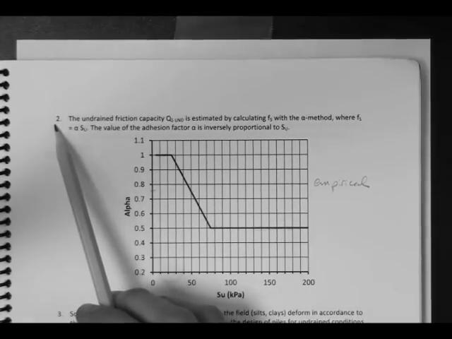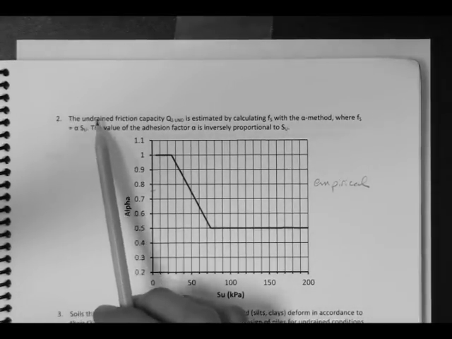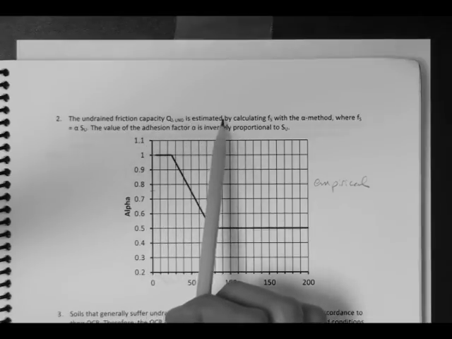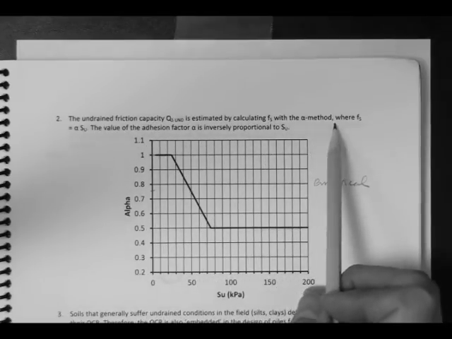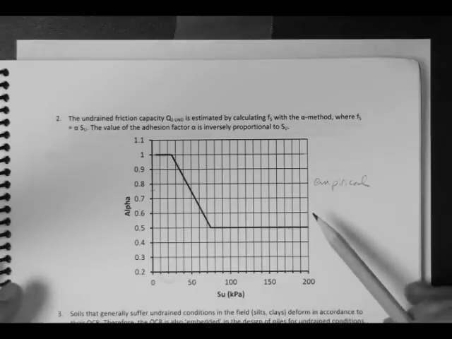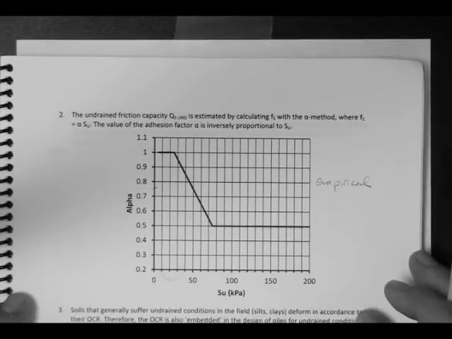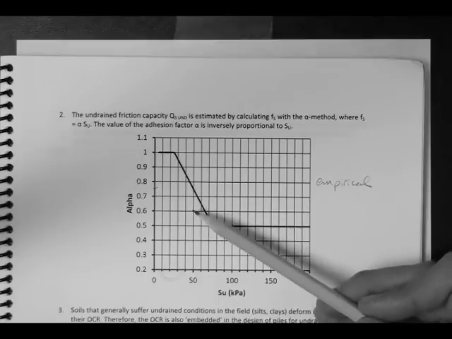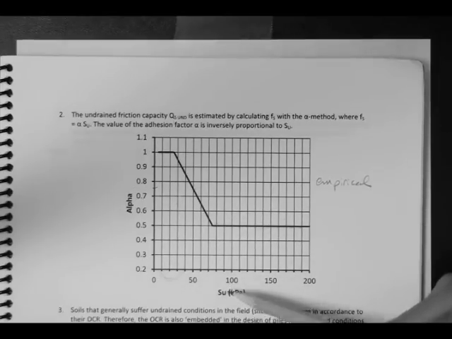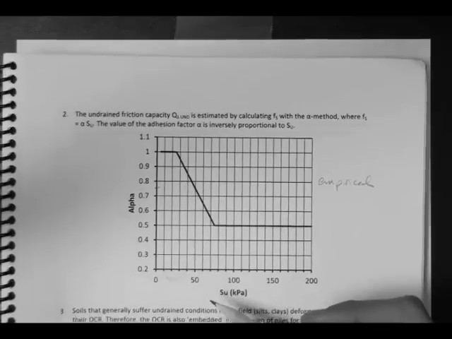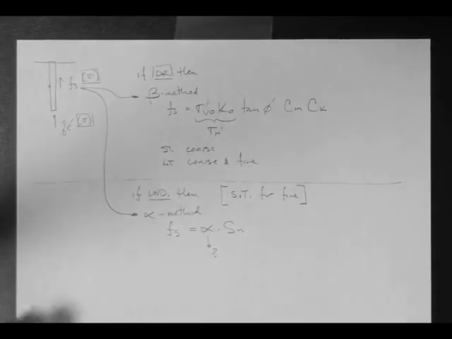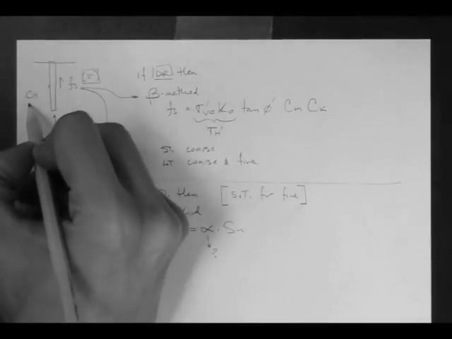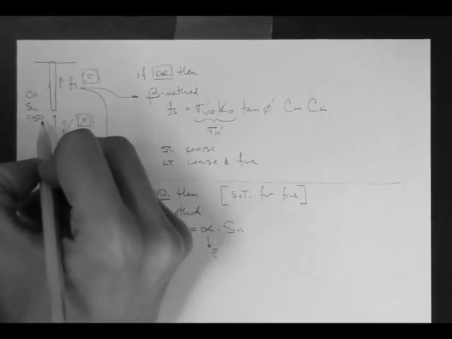It starts with the number 2, and it says the undrained friction capacity is estimated by calculating Fs with the alpha method, etc., right? So this little chart here tells us what alpha should be depending on the SU of the soil. So for example, let's say that our soil, this one right here, is a clay with SU equal to 50 kPa.